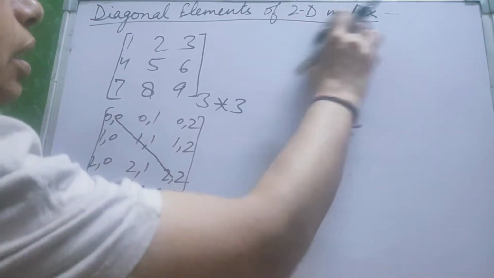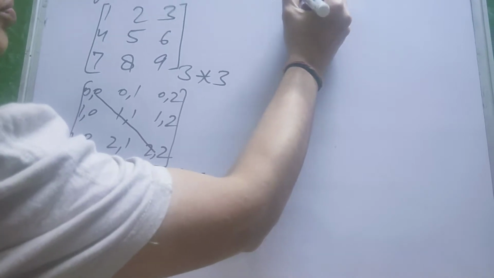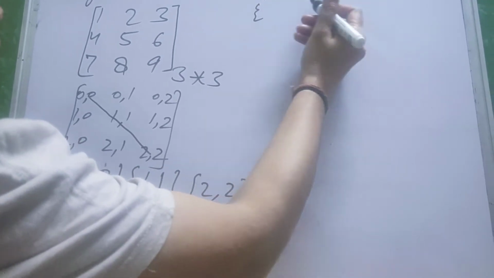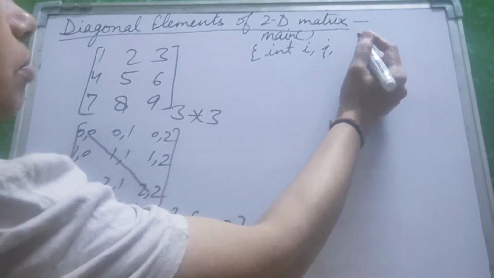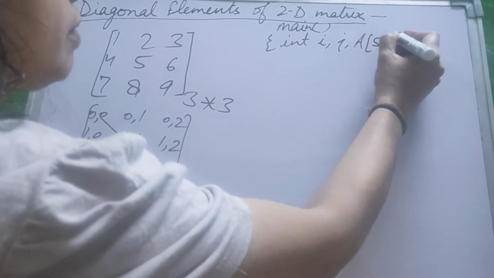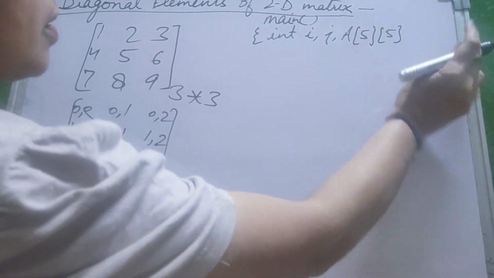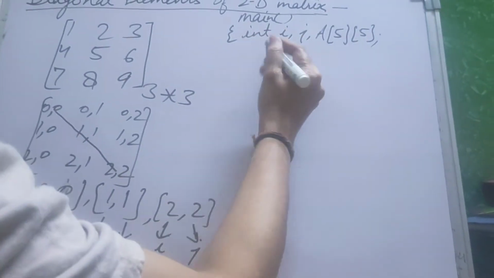Now we will write the program for the same. First, main. int i, j, a[5][5], and that's all.